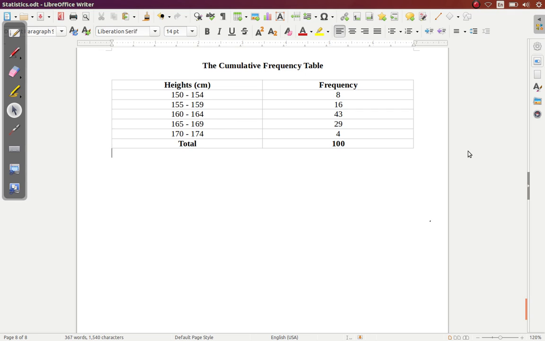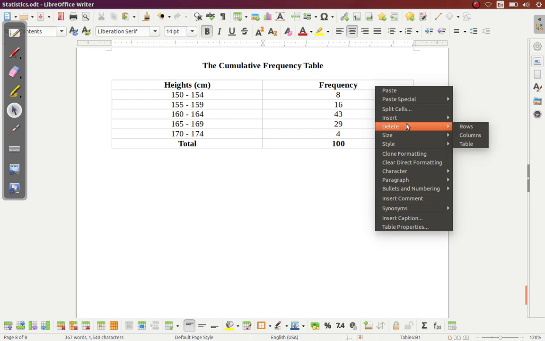and the frequency. This is basically the same table that we used before when we were looking at, what was it again, the mean of a group distribution. All right, now what we want to do is to include a column, what we will call a cumulative frequency column.